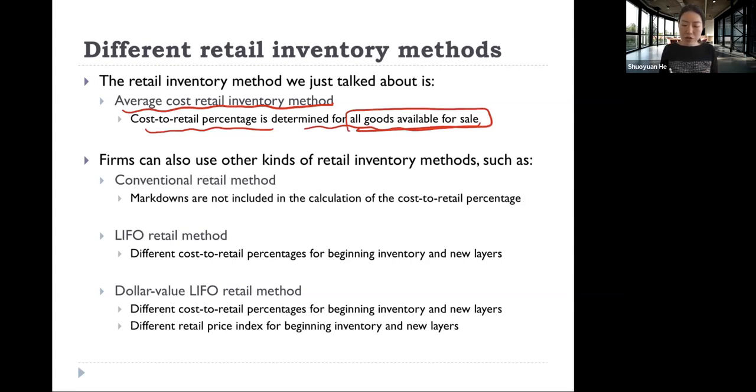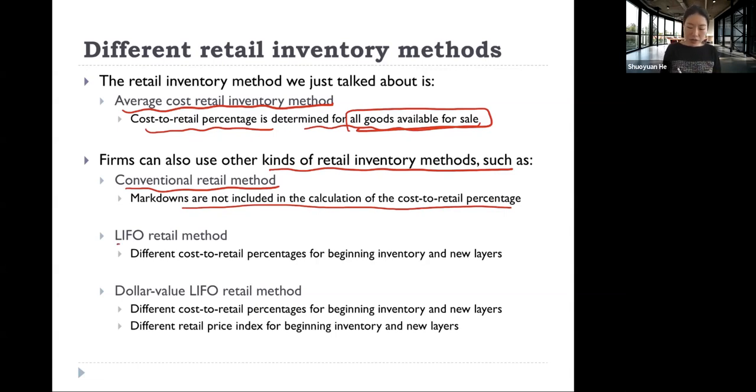And a firm can also use other kinds of retail inventory method. An example is the conventional retail inventory method. Under the conventional retail inventory method, markdowns are not included in the calculation of the cost. So we're calculating the cost to retail percentage a little bit differently.